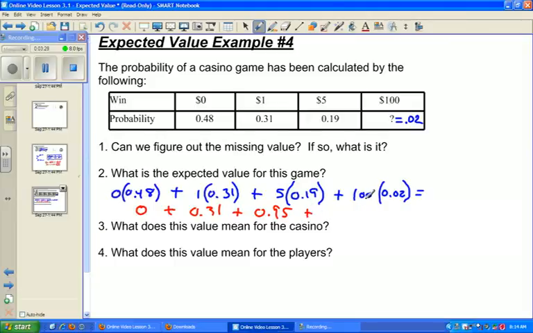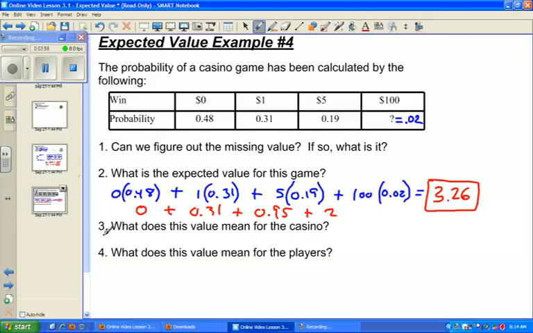Plus 100 times 0.02, and that answer is 2. We need to add all of these numbers together, and when we add those together, we get 3.26. That is my expected value for this casino game.